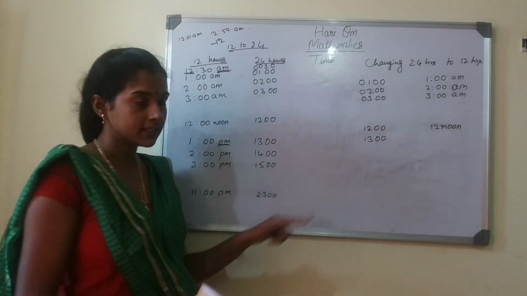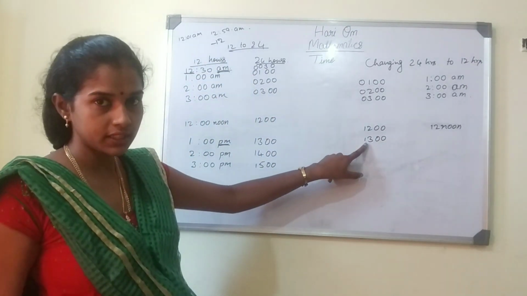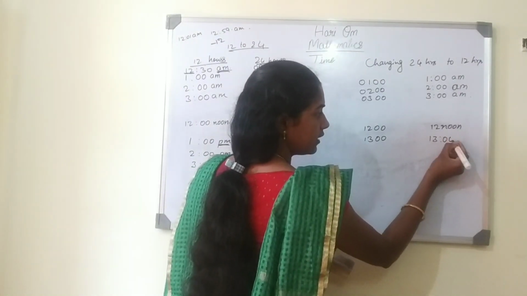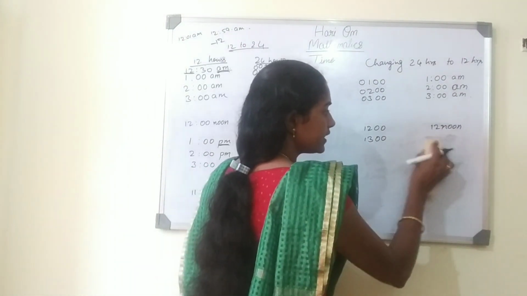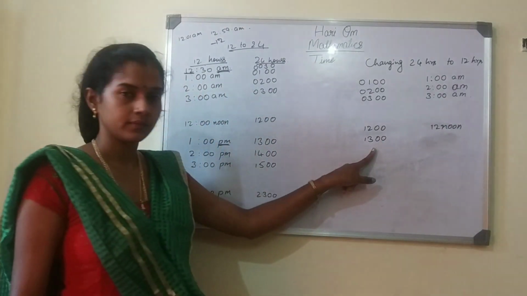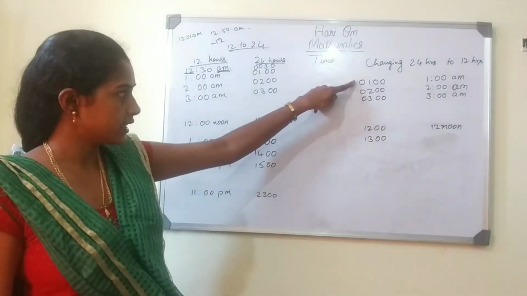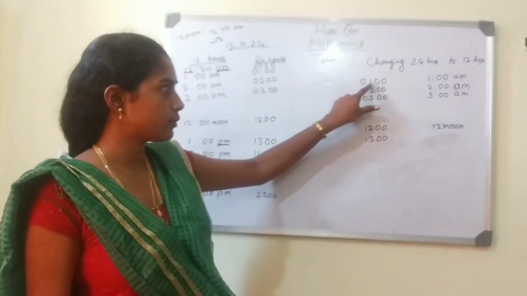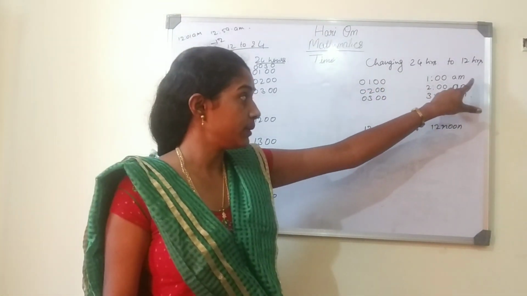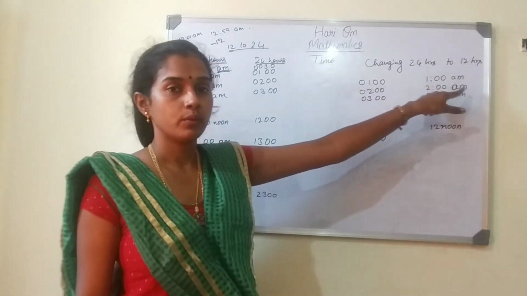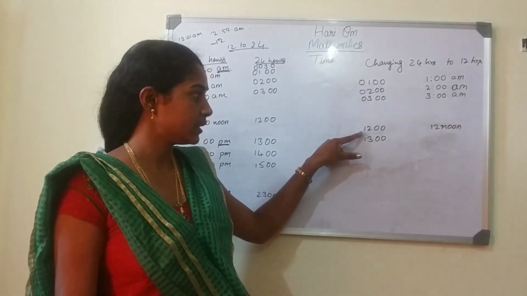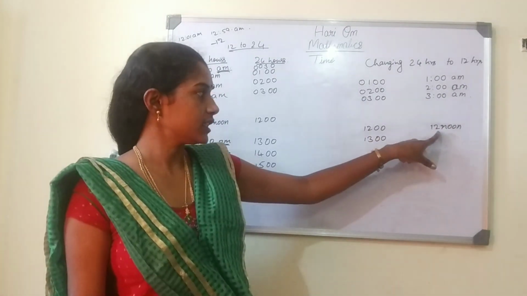If it is 13 hours, can you see here, do we have 13 hour? No. So till 12, from 1 to 12, there is no change. So if it is 1 hour, it will be AM, 1 hour, 1 AM. 2 hour, 2 AM. 3 hour, 3 AM. Till 12, it is 12 noon.